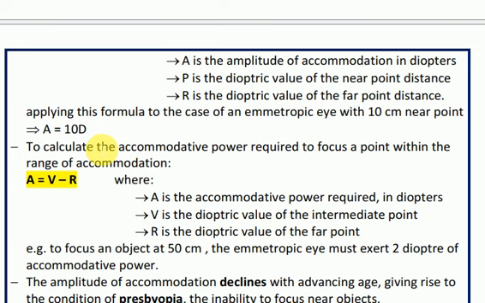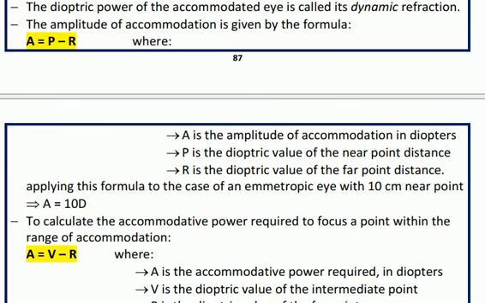Here P is 10 diopter, and R is the reciprocal of infinity, which is 0. So 10 minus 0 is 10 diopter.